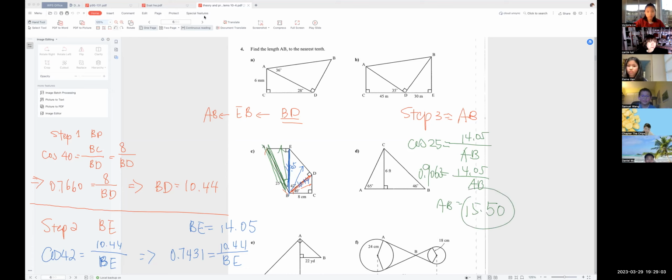Oh, close enough. Okay, so Samuel, BE is 14.04. It doesn't matter. If your answer is 14.04, the answer will be a little bit off, but not humongously off, right? Because my calculator only gives 2 digits, instead of getting 14.04, I got 14.11. Okay, yeah.